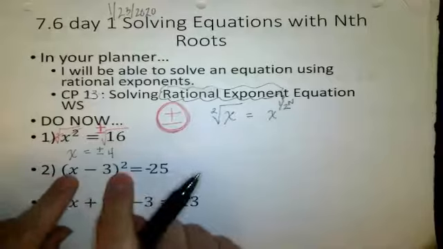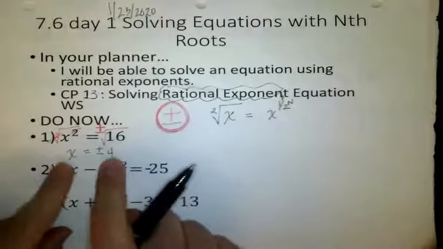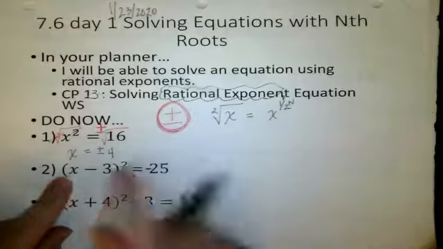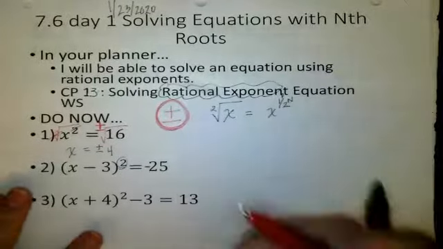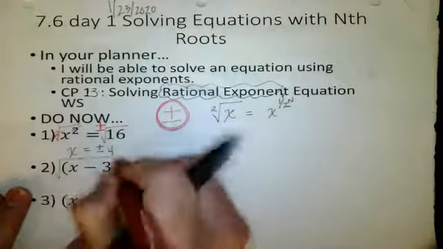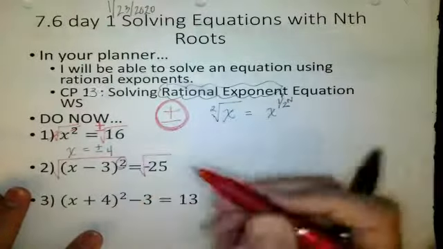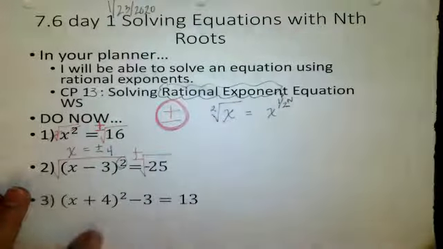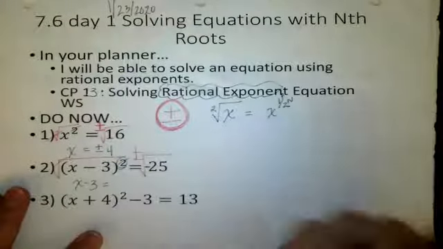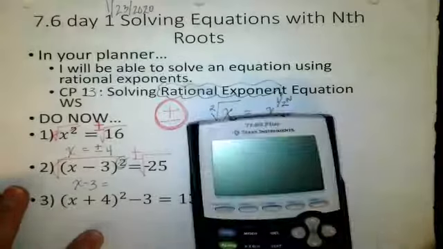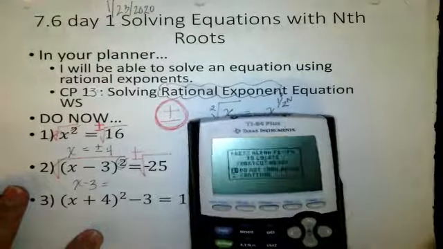Again, we're trying to solve for x, but right now it's trapped inside parentheses, so I need to do something to get rid of the power. How do I get rid of the power? Square root. So we're going to take a square root of both sides. Don't forget the plus or minus. The square root and the square cancel out, leaving x minus 3 equals, what happens here?